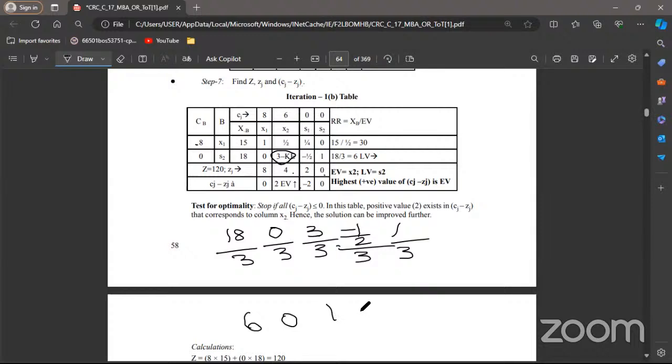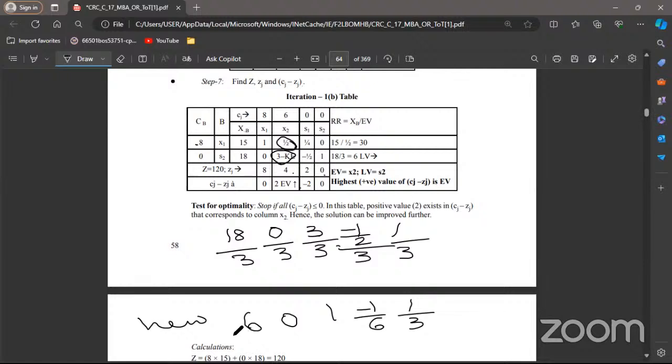1, minus 1 by 6, 1 by 3. Is the new key row values clear? Yes. These are the new key row values. What is the key column value for the first row? Half.